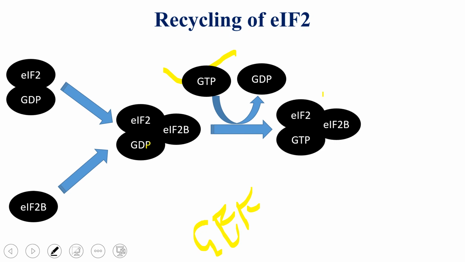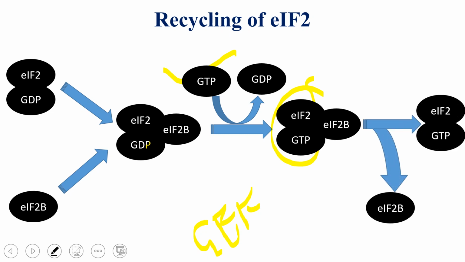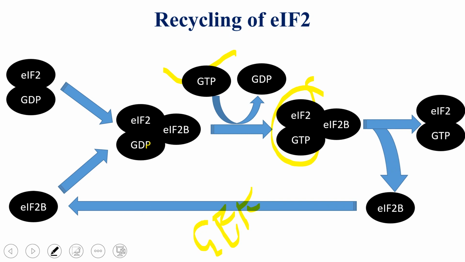Finally we have the functional EIF2, and 2B will be separated and reused for another cycle. So ultimately we have gone from inactive to active factor 2, and this factor will be used for another initiation process of protein synthesis.